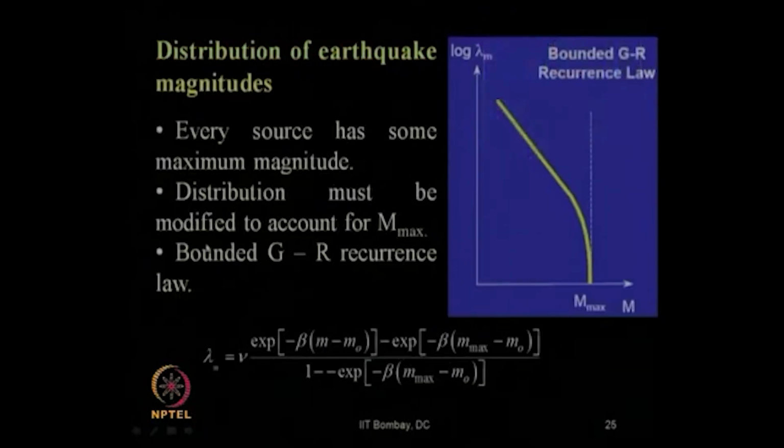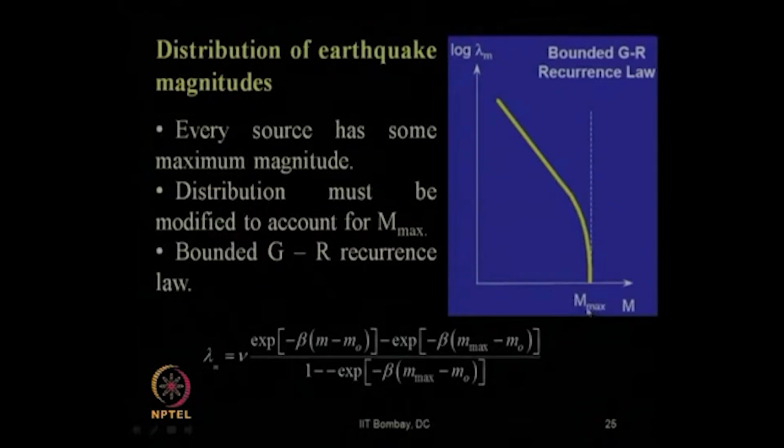To know the validity of that equation, we have to bound it up to a maximum value of m, m max for that region, whatever maximum value was accounted for from the known earthquake data. That is known as the bounded Gutenberg-Richter recurrence law.